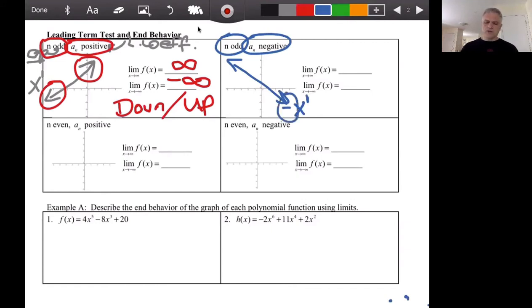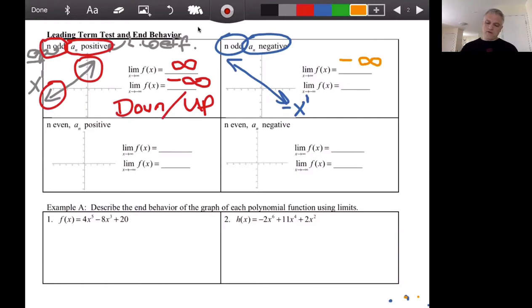The negative 1 as the coefficient is negative. So the limit of f of x, or where is y going, as x approaches infinity. As we go to the right, where is my graph approaching as far as the y value? It's going down. So this time, to the right, it's going to negative infinity.